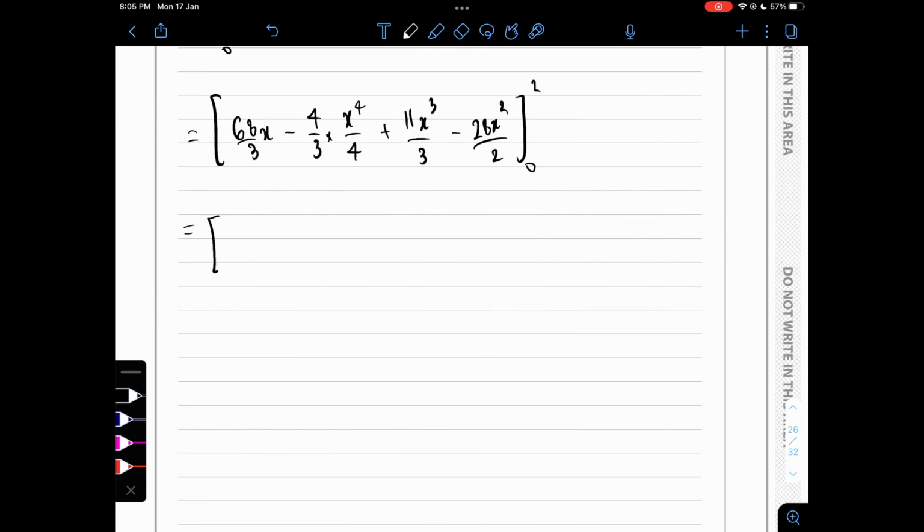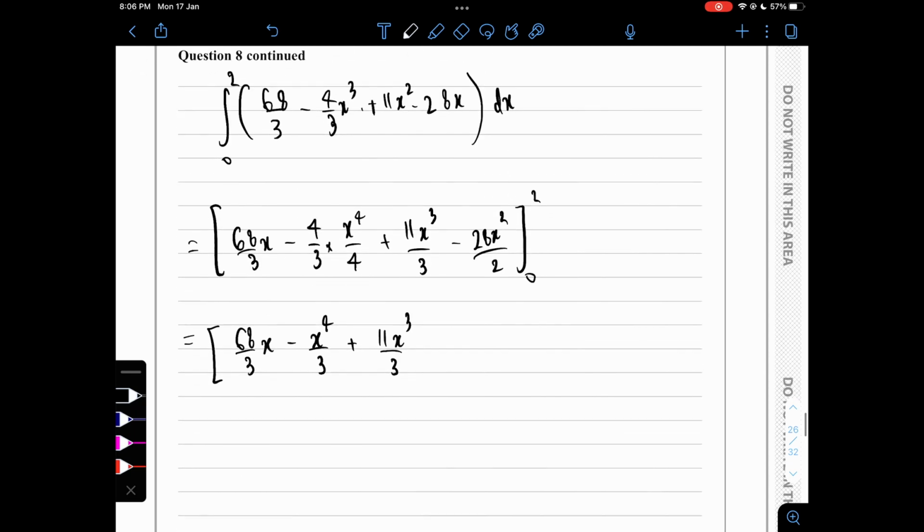This is now 68 over 3 x. So 4 and 4 will cancel, so minus x to the power 4 over 3. Okay. Plus 11x cubed over 3. Right?